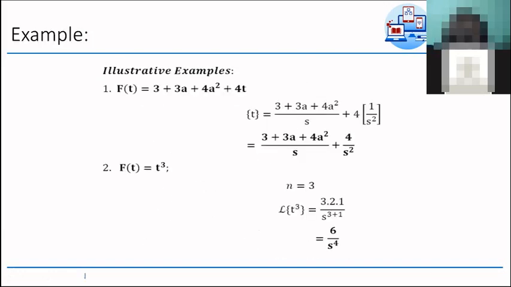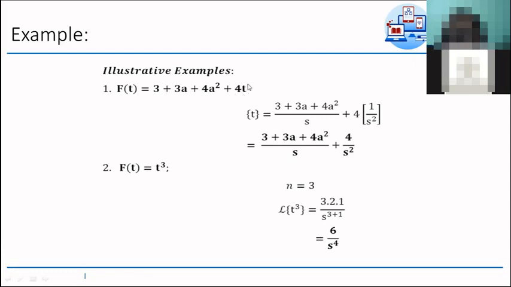So based on our formulas, we have 21 formulas. Out of the 21 formulas, which formula is applicable in our problem number 1? If we look at our equation, we have only 4t.